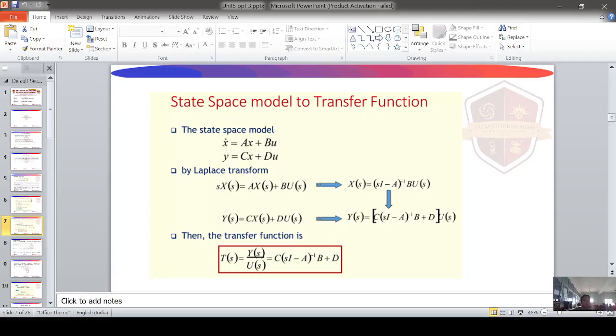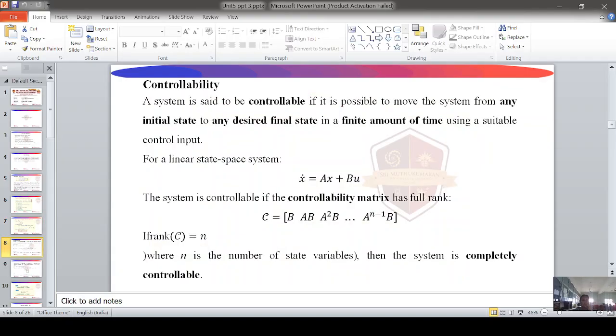Likewise, the output equation, Y of s is equal to C into X of s plus D into U of s. So we find Y of s, similar to the input equation. Then the transfer function is T of s equal to Y of s divided by U of s, which is equal to C into (sI minus A) whole inverse B plus D. This is the transfer function of the state space.